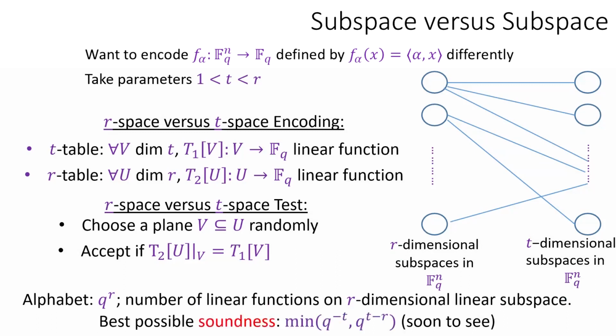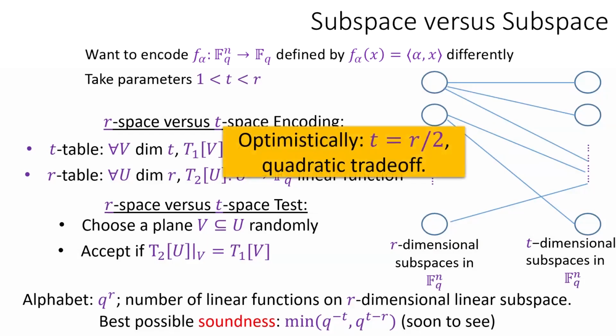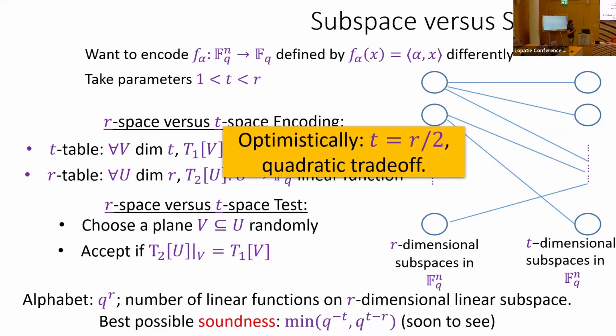The number of queries is still 2. And I claim, and we'll soon see it, that the best possible soundness you can hope for in this business is the minimum between q to the minus T and q to the T minus R. So we'll soon explain. But if you just stare at this and you try to optimize, you'll see that the best thing you can hope for is T equal to R over 2, and this would get you a quadratic trade-off.